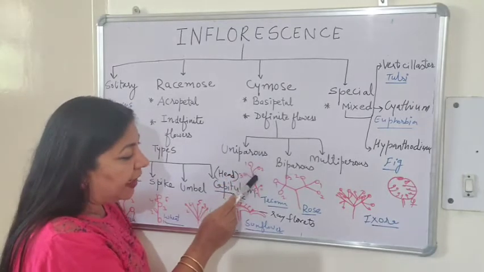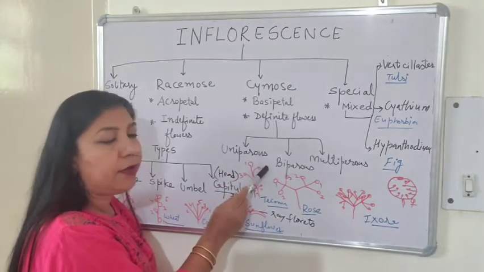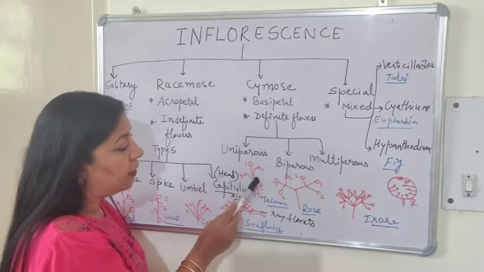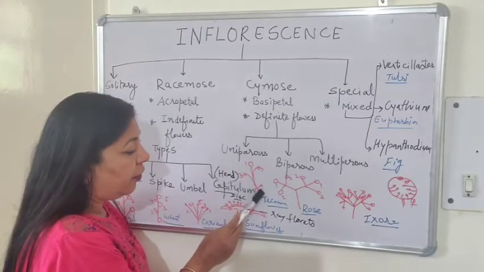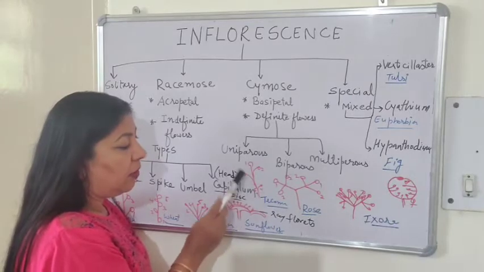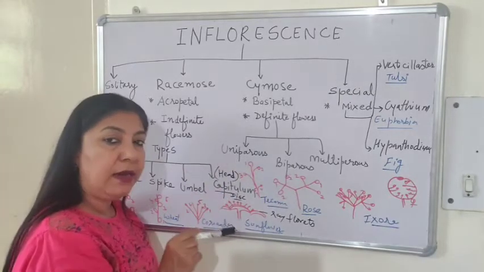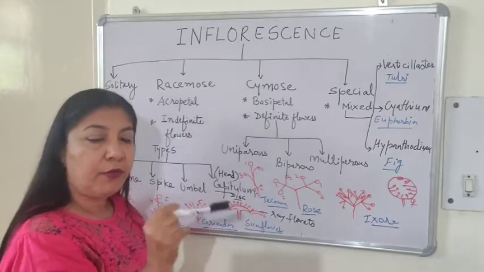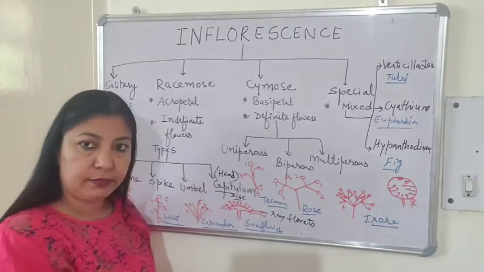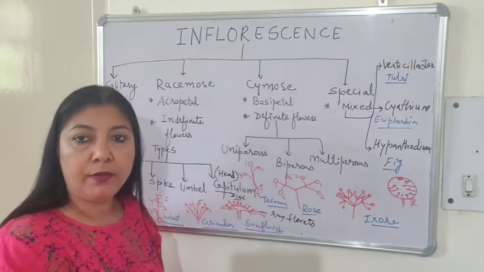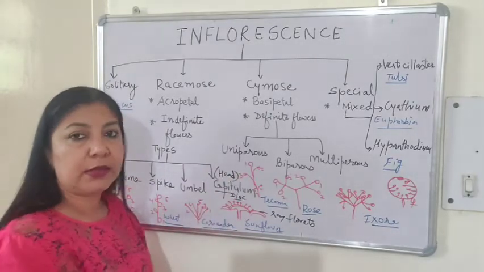Then from its base only one flower will be produced. So this is flower number 2, flower number 3, 4, 5 like this. So at a time only one flower will be produced from its lateral side. Example is tecoma, trumpet vine flower. So they are showing uniparous.